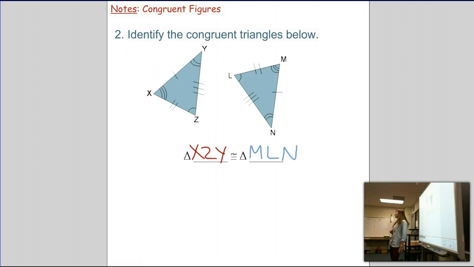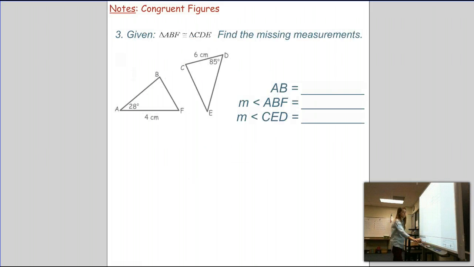What other angle has 3 arcs? M. So you have to start with M. What about Z? 1 arc. Which one has 1 arc? L. 1, 1, and then whatever's left. Perfect. So when you have arcs on your picture, you should definitely use the arcs and not the tick marks because they're a lot easier to match up.